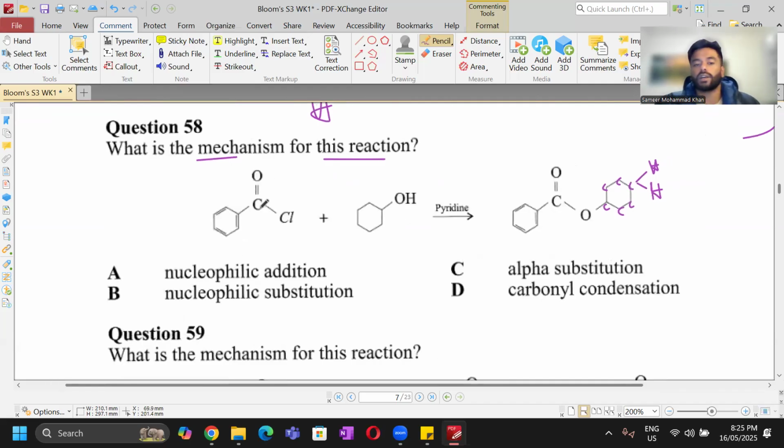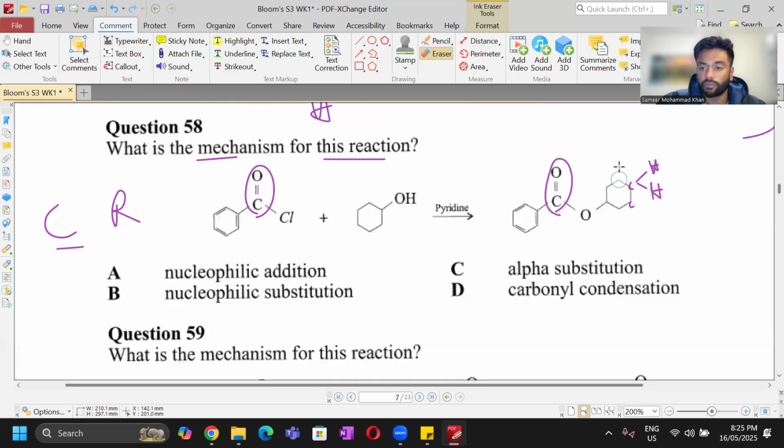So what's the mechanism here? Again, CNR analysis, right? Central carbon, identified. Central carbon, identified. What about the side group? If we look at the side groups, what we note is that this benzene ring is the same, unchanged. However, this Cl is swapped out with this O and this ring.